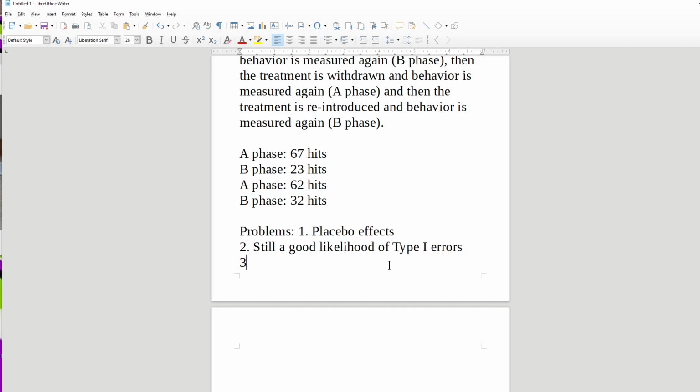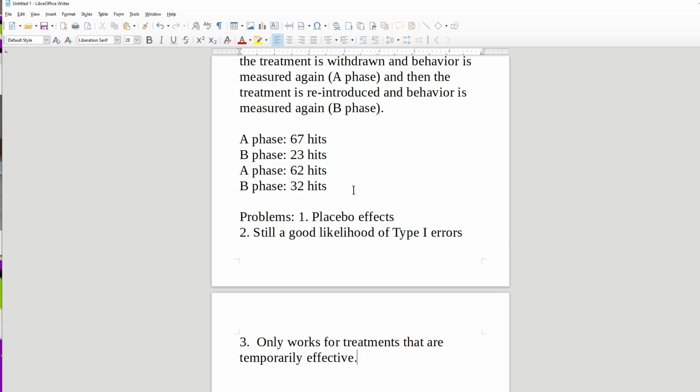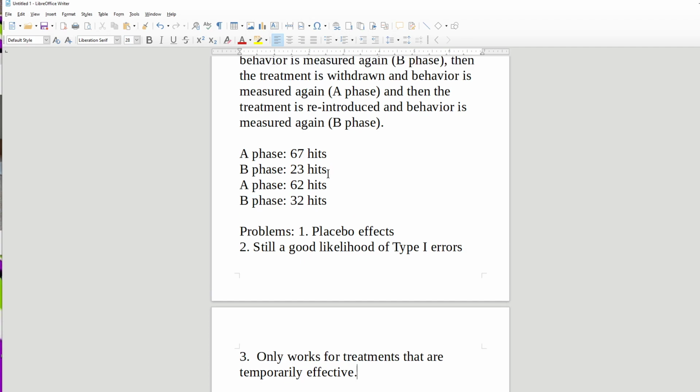And third is it only works for treatments that are temporarily effective. All right, this is kind of a weird one. Remember, the whole idea of the design is when you remove the treatment, the behavior has to reverse to where it was before. At least it has to get worse.